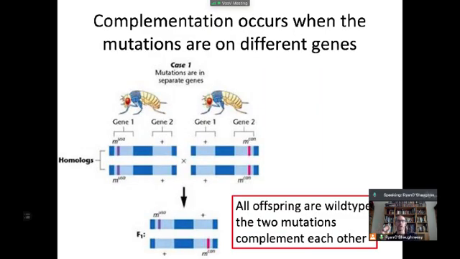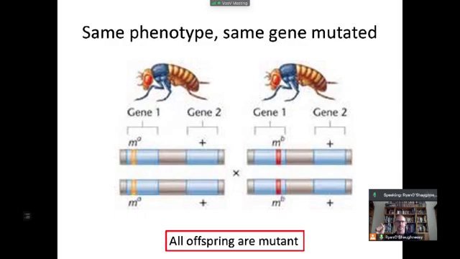Complementation can only occur when the mutations are on different genes. So in that previous case, both the mutations were in gene 1, and therefore all offspring from these two flies will be mutant. There's no complementation.